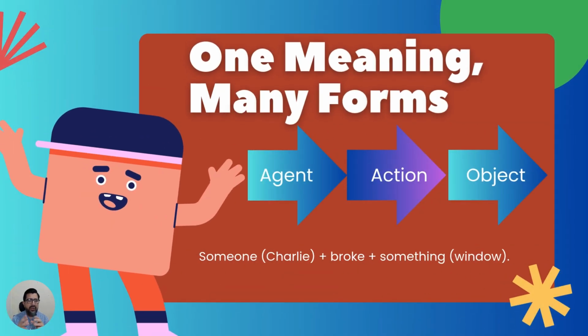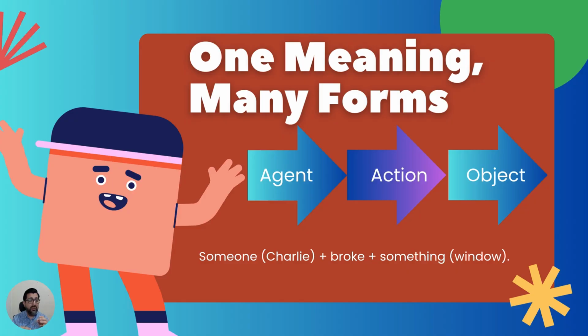Now, these sentences, Charlie broke the window and the window was broken by Charlie, have different surface structures, as we saw. However, they share the same deep structure, the basic idea that someone broke something. The grammar of language must show how this single deep structure can be expressed in various surface structures.